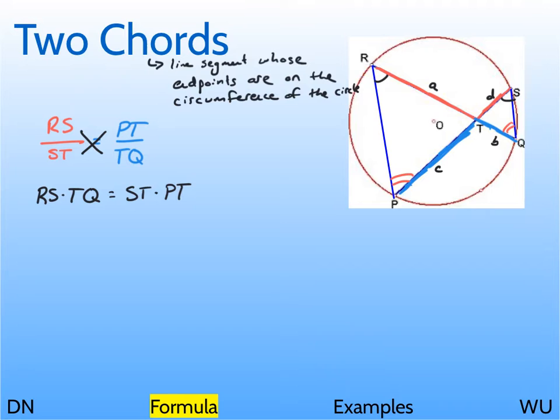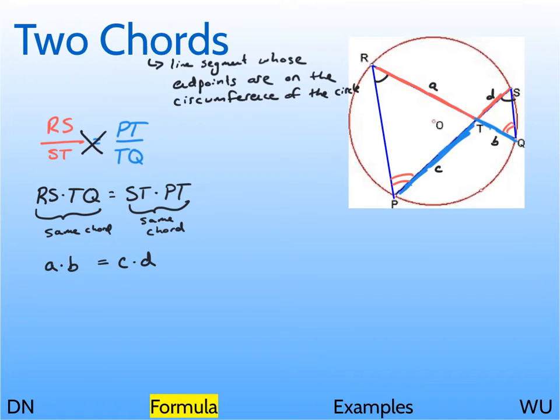The two parts of the same chord, so these are both on the same chord, and then these are on the same chord. The two little parts, if you multiply them, they equal each other. So like part 1 of that chord times part 2 of that chord equals part 1 of the other chord times part 2 of the other chord.